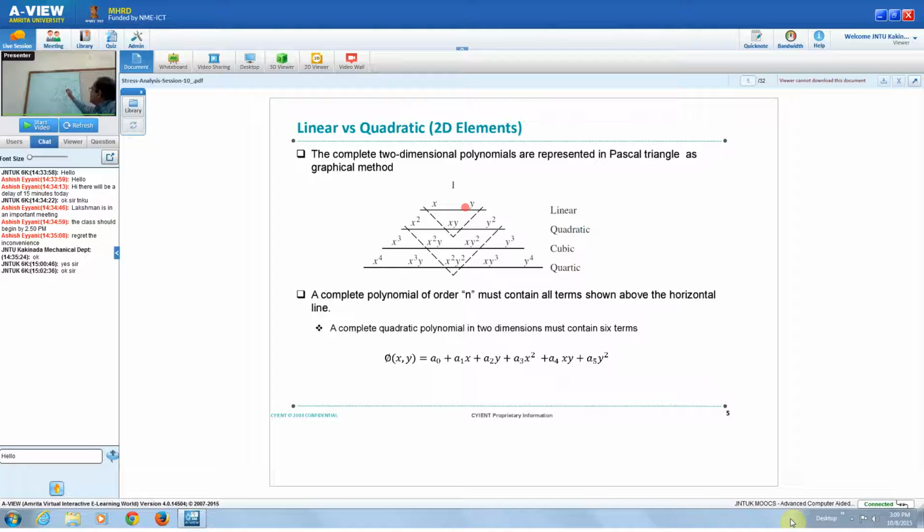The quadratic polynomial formulation consists of a0 plus a1 x and so on, so it consists of all these factors: 1, x, y, x square, xy, and y square. This is a complete polynomial.